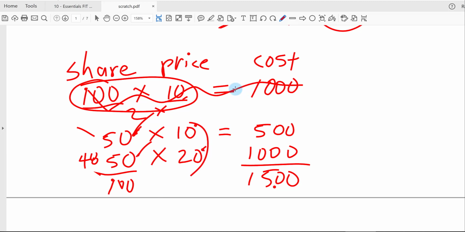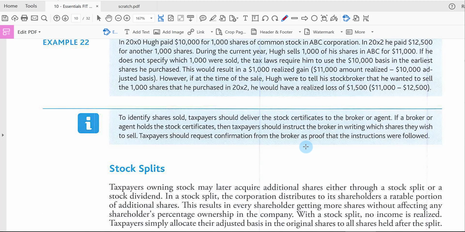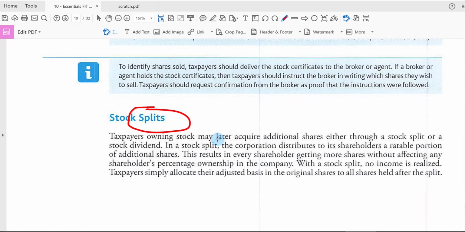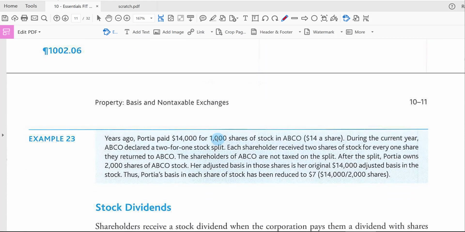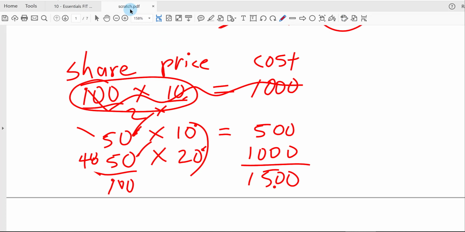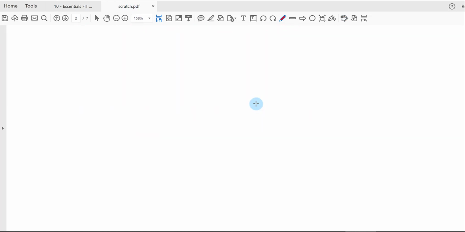Let's talk about a couple different topics here under stocks. One is called a stock split, and something similar called a stock dividend. The Apple Corporation, those iPhone, iWatch companies, just went through, I believe, a stock split.